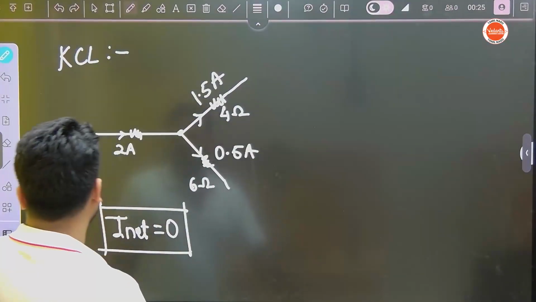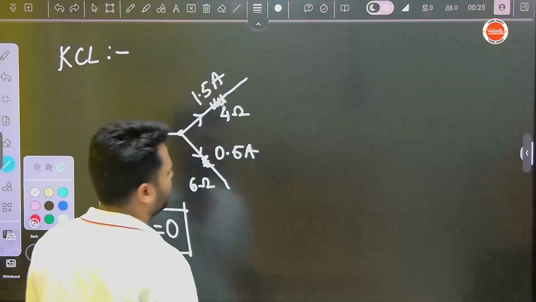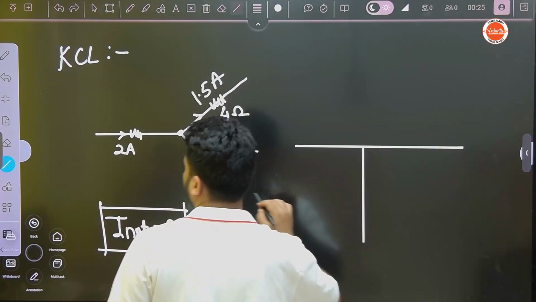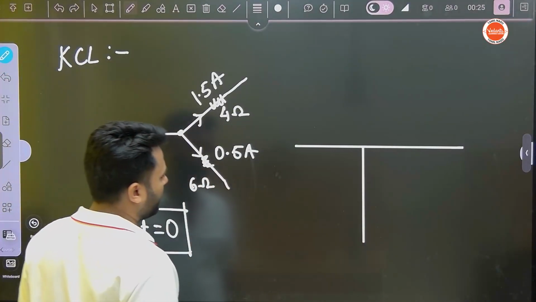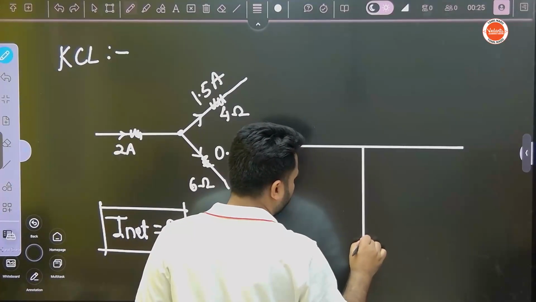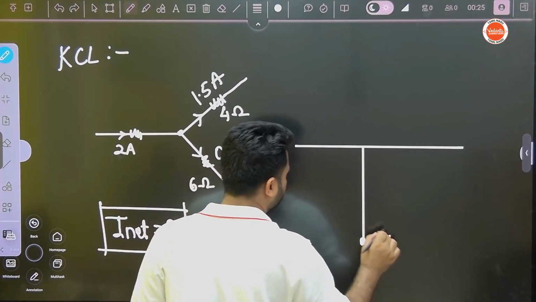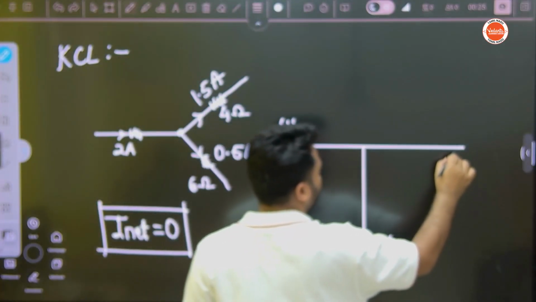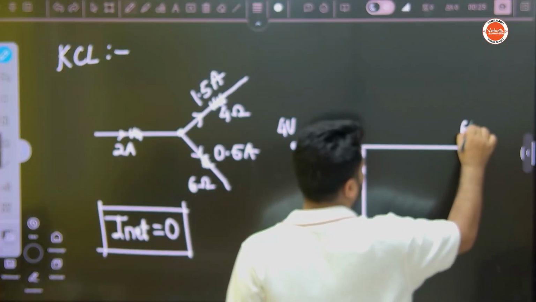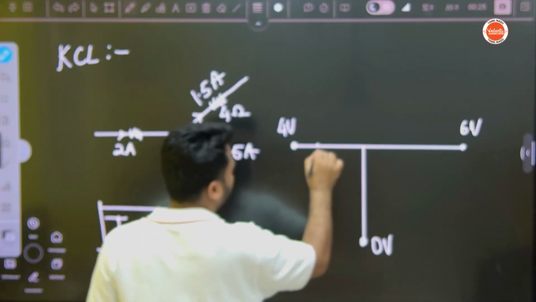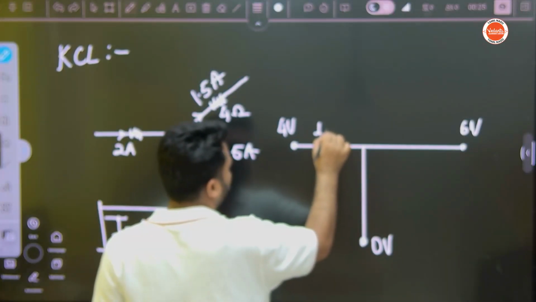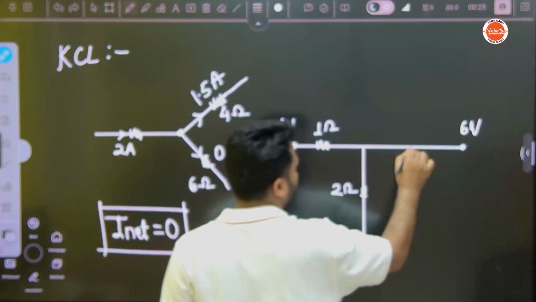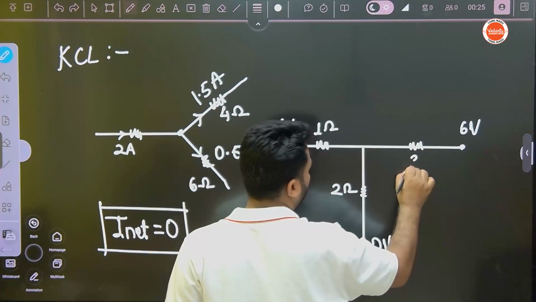So sometimes they give a little bit different kind of question like this. They will give, this is 0 volt, this is 4 volt, this is 6 volt, this is 1 ohm, this is 2 ohm, this is 3 ohm.